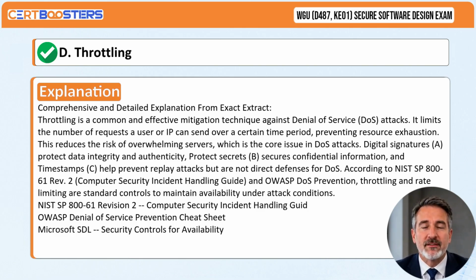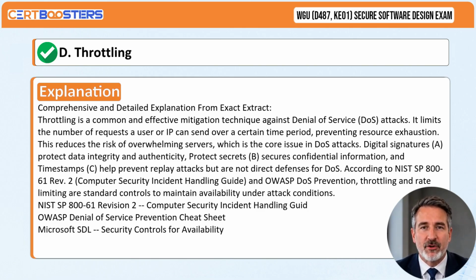Digital signatures, A, protect data integrity and authenticity. Protect secrets, B, secures confidential information. And timestamps, C, help prevent replay attacks, but are not direct defenses for DoS. According to NIST SP 800-61 Revision 2, Computer Security Incident Handling Guide, and OWASP DoS Prevention, throttling and rate limiting are standard controls to maintain availability under attack conditions.